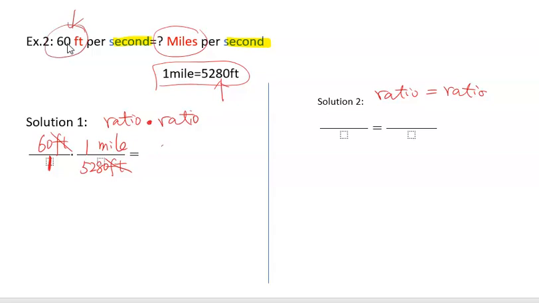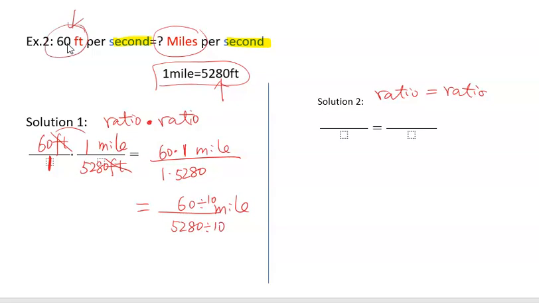So we have 60 times 1 straight across, top times top, and the mile, over 1 times 5,280, and the foot is canceled. So now we do 60 divided by 5,280 and the miles. So here we have to do a long division. So you divide both top and bottom by 10 to reduce this a little bit.